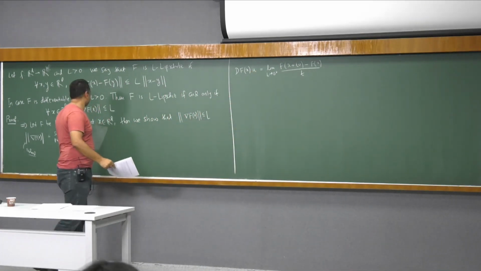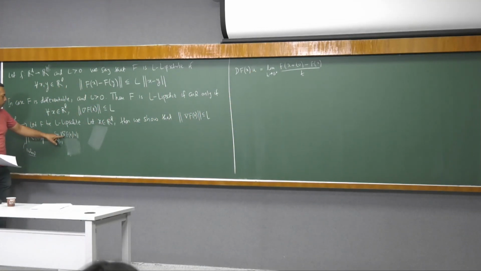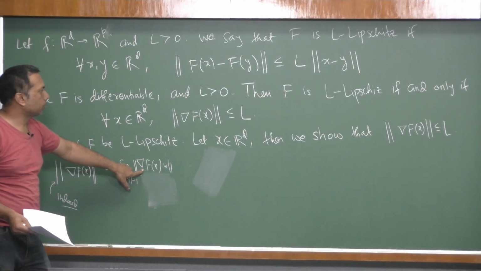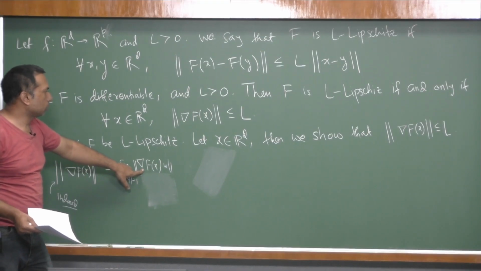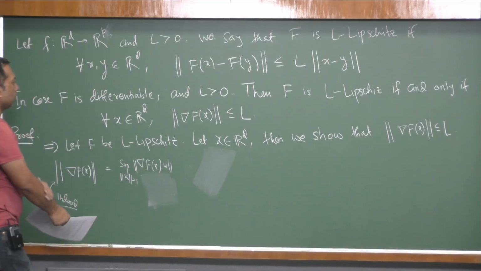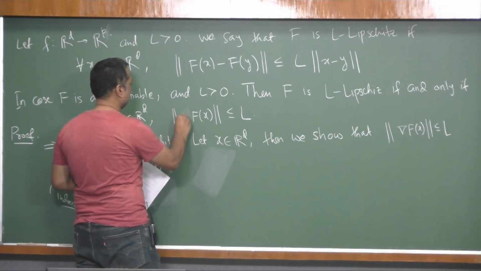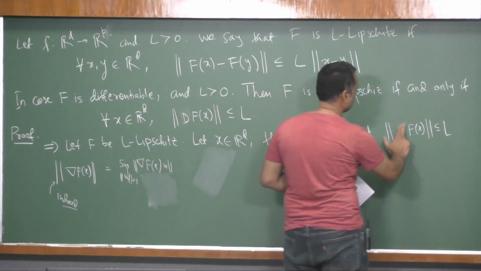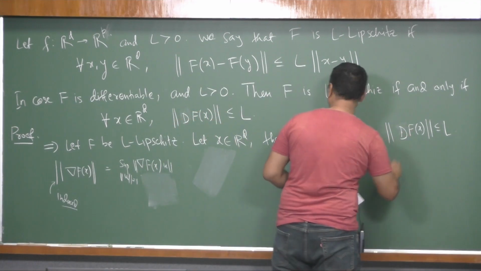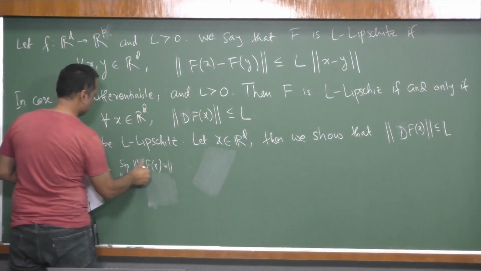Sometimes I use df, sometimes I use grad f, both are the same. The notes I am using use d, so let us use d everywhere, because in future we might get confused. So let us replace everywhere by d.